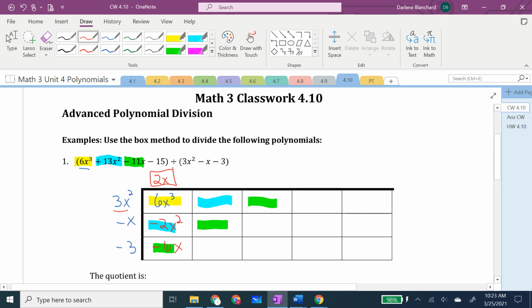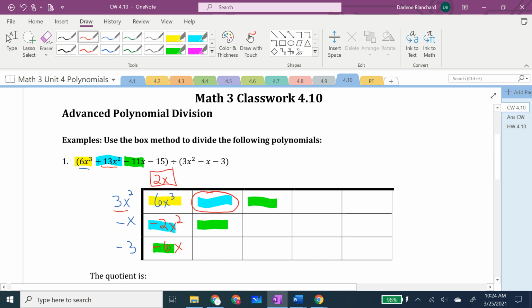And once you finish a column, it's very important that you understand what must come next. You must next figure out what that is, because only those 2 boxes can add together to make 13x squared.